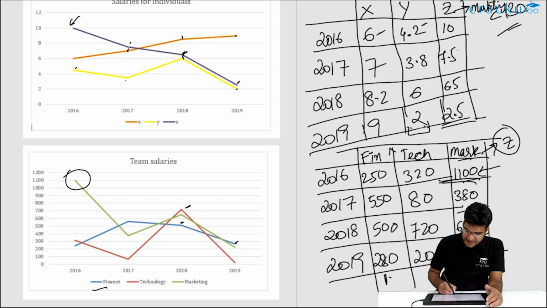Now if it is 280, it would imply that the number of employees in department Y is around 140. This is not possible. So once we know this, we can conclude that Y is tech, because 20 by 2 is 10, which is possible, but 280 by 2 is 140, which is greater than 130. So this would imply that X is finance. This is something that we know.